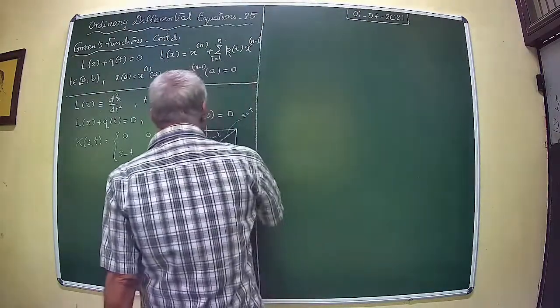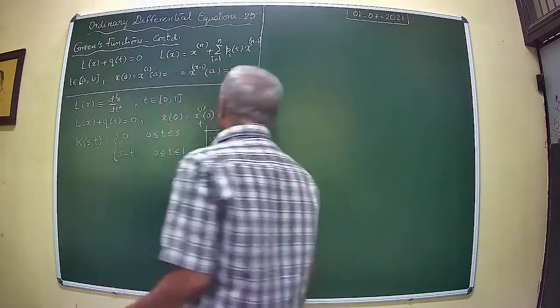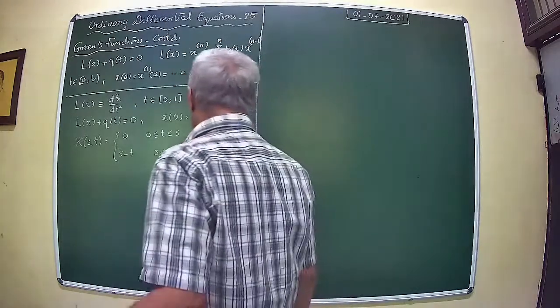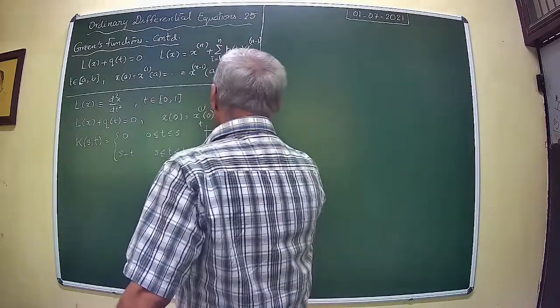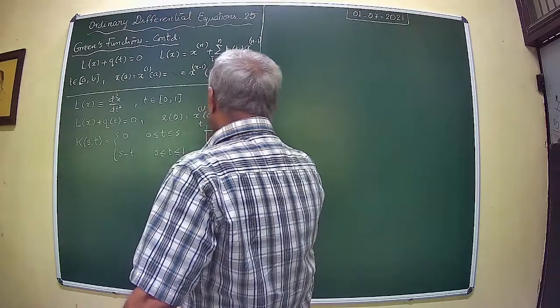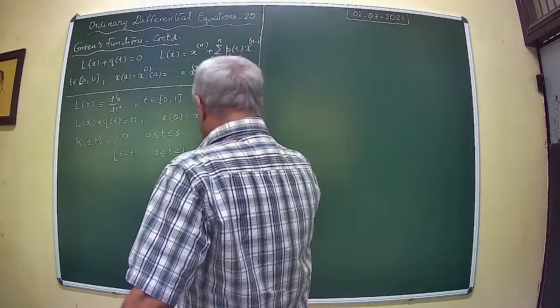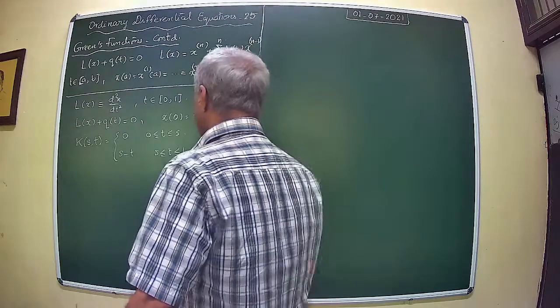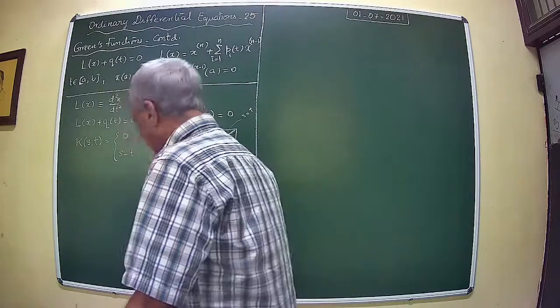So over here you see that the derivative of the function has a jump discontinuity. As you can see, the derivative with respect to t is going to be minus 1, and this is 0 here, so there is a jump. Yes, we have described.